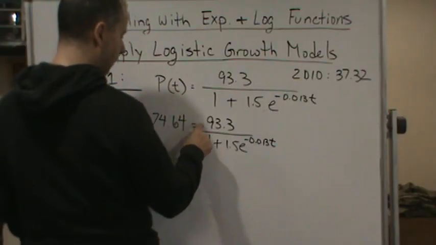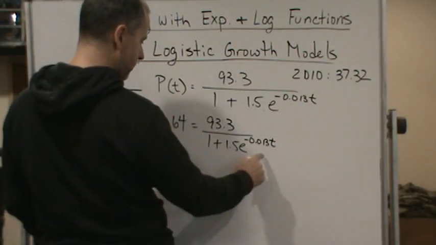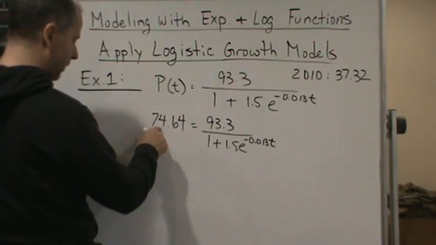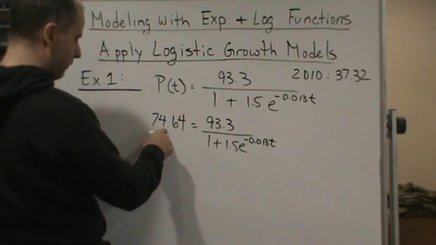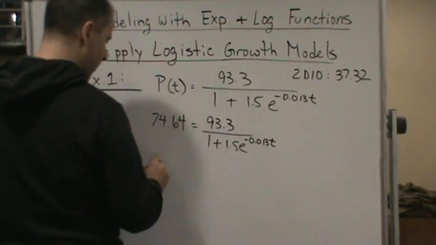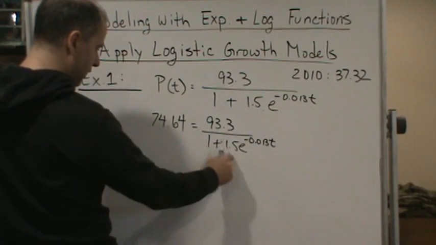Okay, now I'm going to multiply both sides by this denominator, and then I'm going to divide both sides by 74.64, right? So I'm basically exchanging both of these.